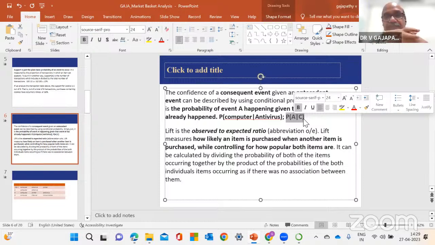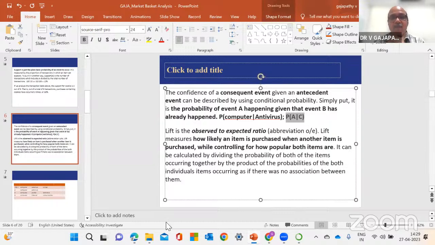Are you getting the point? Therefore, the first one is support and this one is confidence.